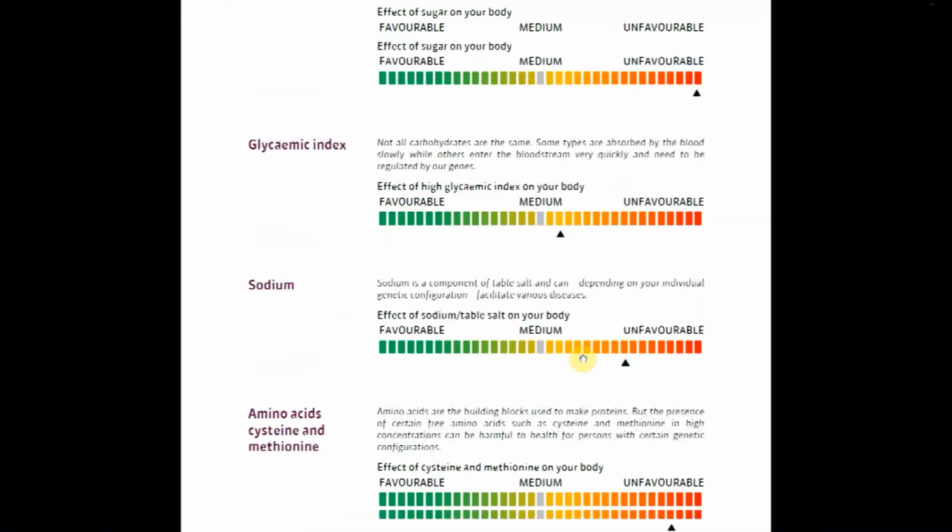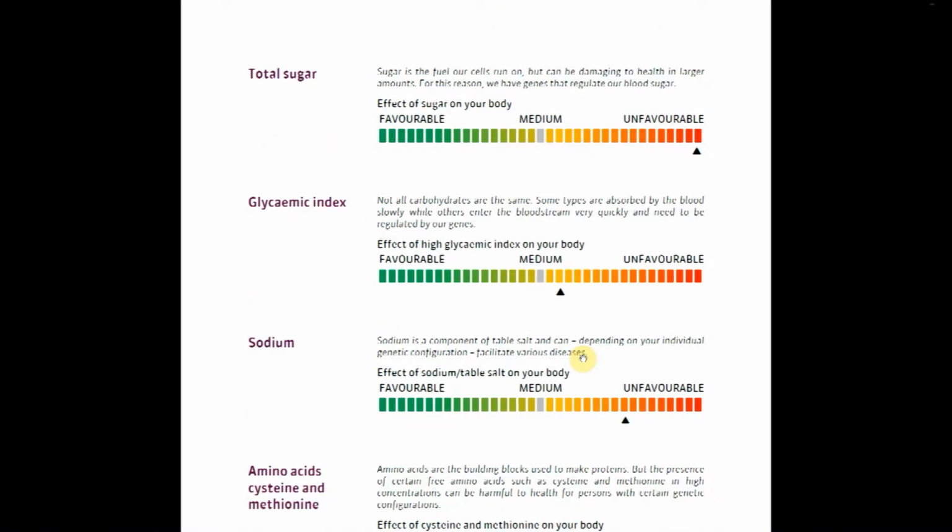Total sugar, so lots of sugar and high calories from sugars is also bad for this person. Glycemic index is not so bad. Glycemic index is how fast the sugar goes into your bloodstream, and it might increase it a lot and very quickly, so it spikes, which is bad for some metabolic problems, and should be avoided for some genetic types, and it's not so much of a problem for some other genetic types.